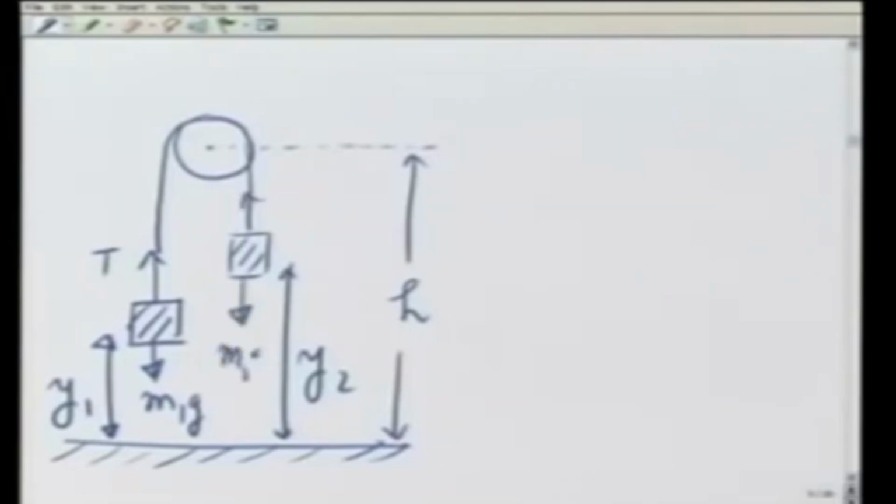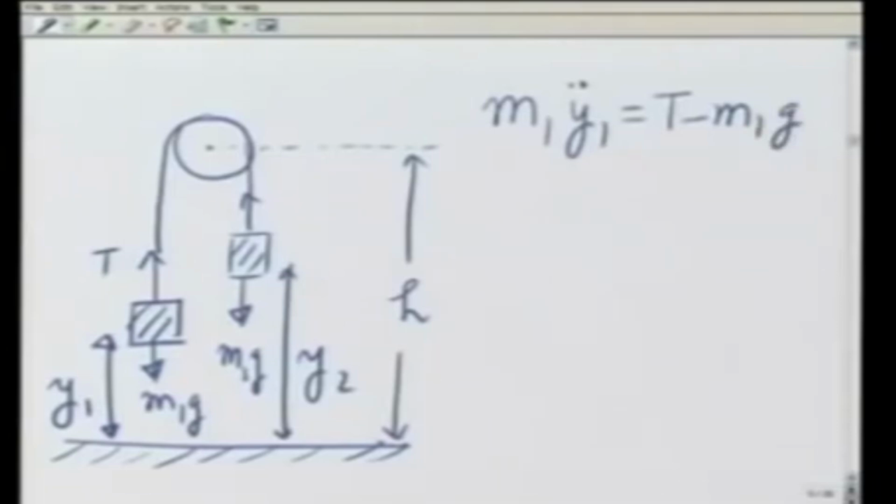Let the center of this fixed pulley be at height h from the ground. And now I can write, this is tension T pulling it up, m1g pulling it down, tension T pulling it up, m2g pulling it down, and therefore I can write m1 y1 double dot is equal to T minus m1g.